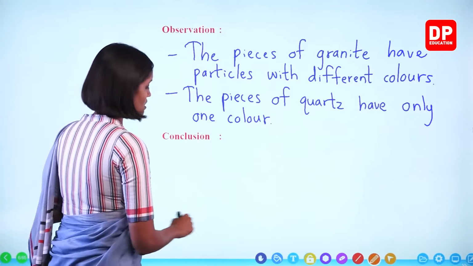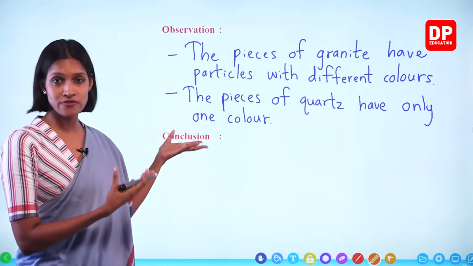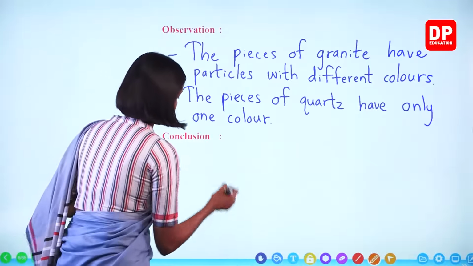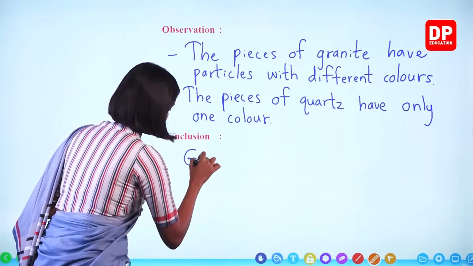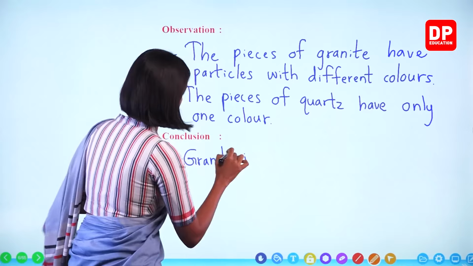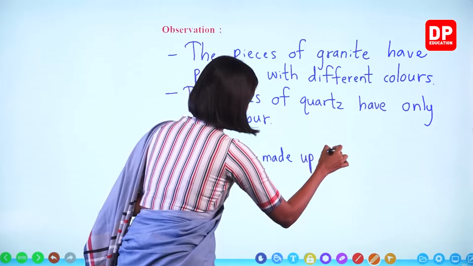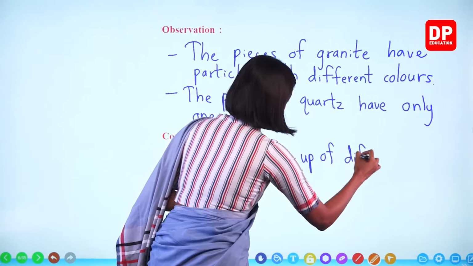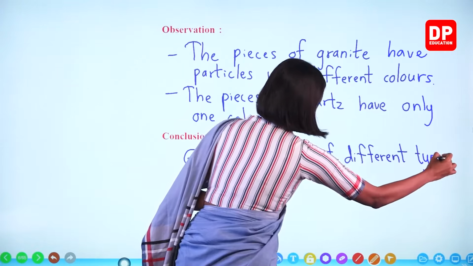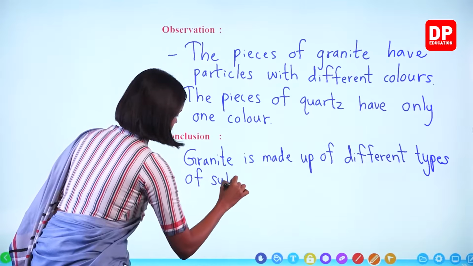Okay? Conclusion. So we can come to a conclusion that granite is made up of different types of substances. Quartz is made up of only one type of substance. Okay? Right. Conclusion. Granite is made up of different types of substances.